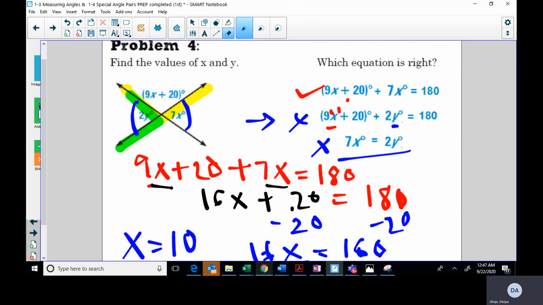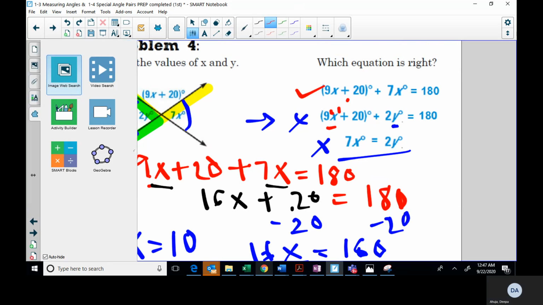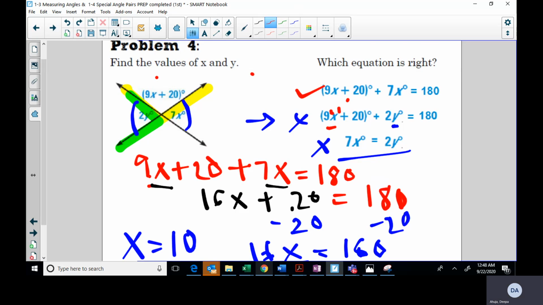Let's replace the value of x. Nine times 10.